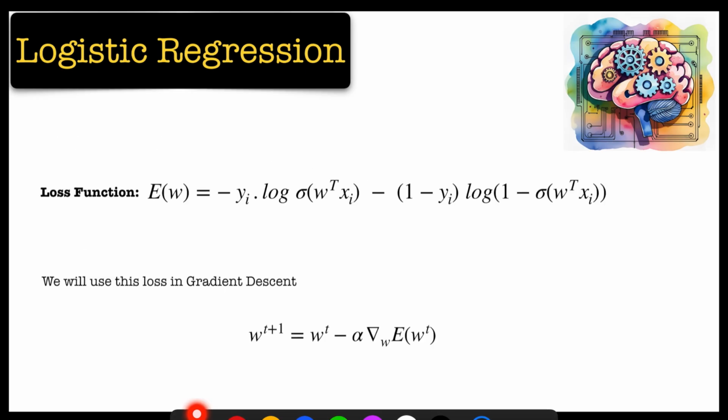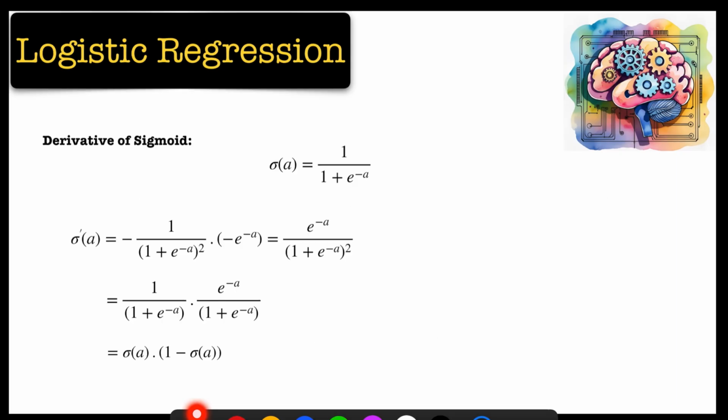To take the gradient of this loss function, we also have to take the gradient of the sigmoids, right? There are these sigmoid terms and we don't know yet how to take the gradient of sigmoids. So first let's see how we calculate the derivative of sigmoid. This is the sigmoid function: sigmoid of a is 1 over 1 plus e raised to the power minus a. Now take the derivative of this sigmoid of a.